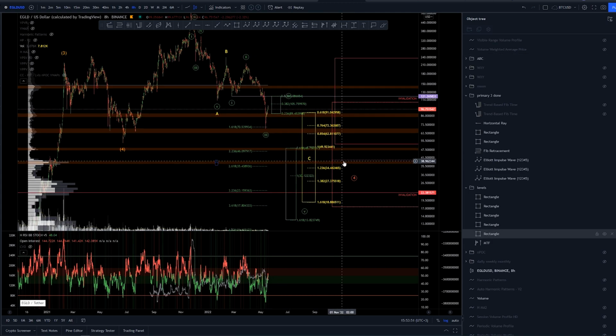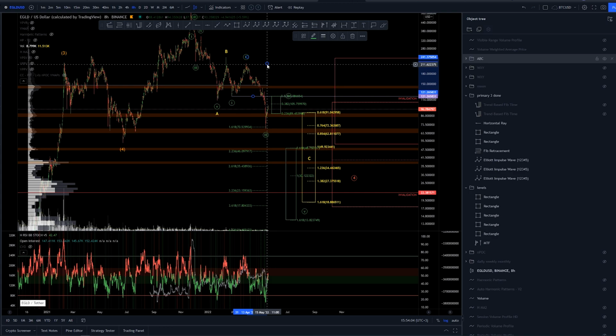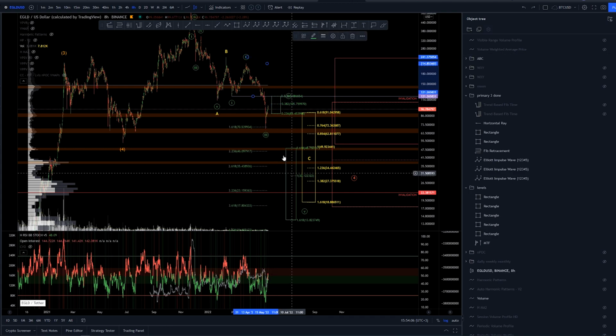Of course, if the price gets down here or below here, there is no particular Fibonacci extension, at least at the moment. But again, yeah, that is the extension for the third wave, sorry. Here we go.